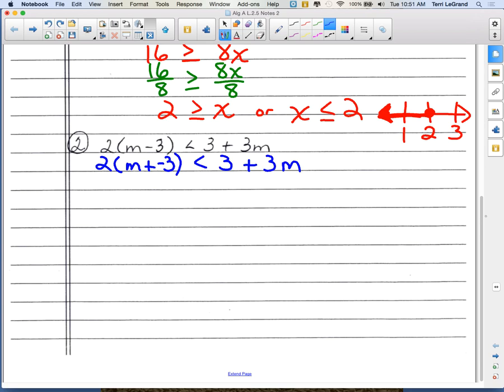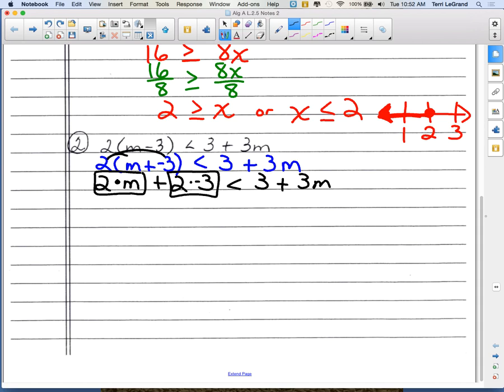No, one of them's got m attached, the other one doesn't. It's a constant, so they're not like terms. So now we will do our distributive property, which says take that 2 and multiply it times the m. Add to that the 2 multiplied times the negative 3. And everything else just drags along.